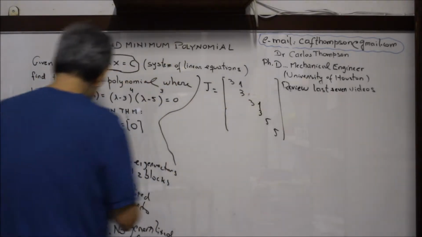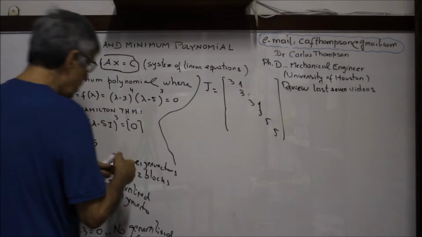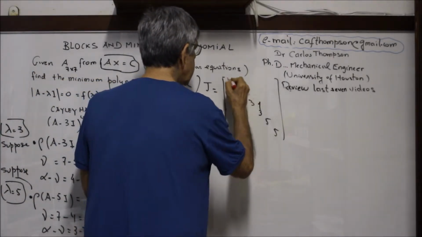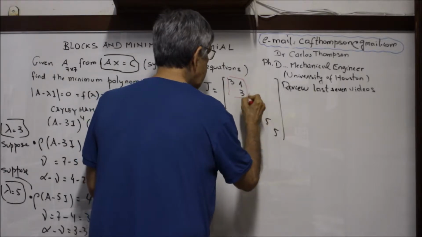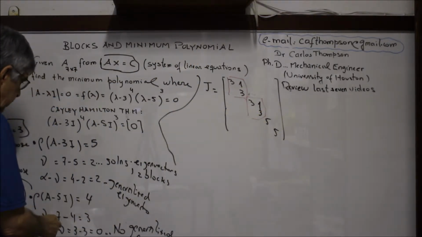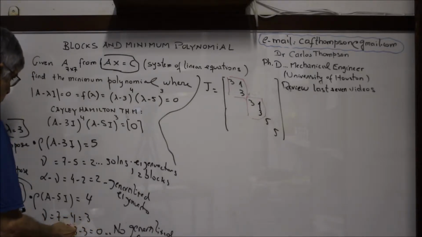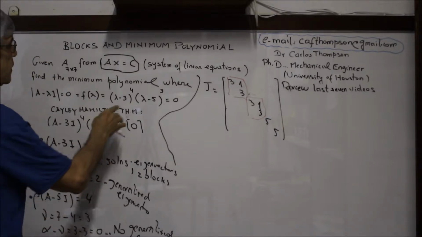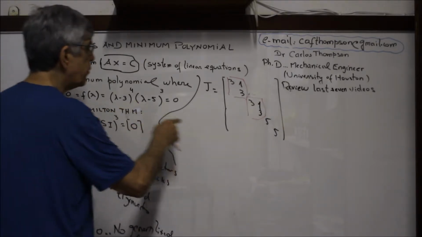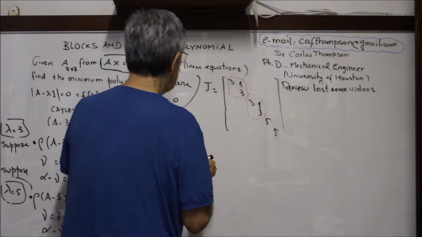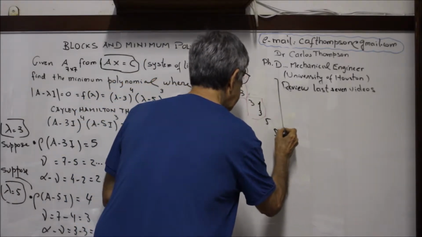Now here, look, I have two blocks, but my blocks are like that: there's this one and this one. And also for lambda equal to 5, as we did before, this is 5 to the power 3, so there is one more 5 here, and another 5 over here.